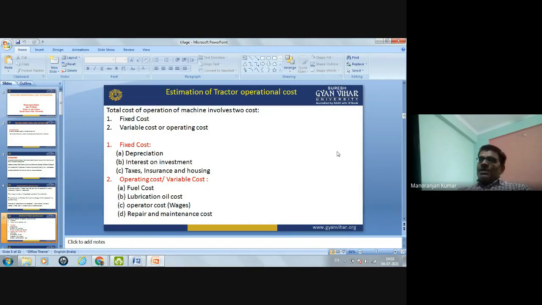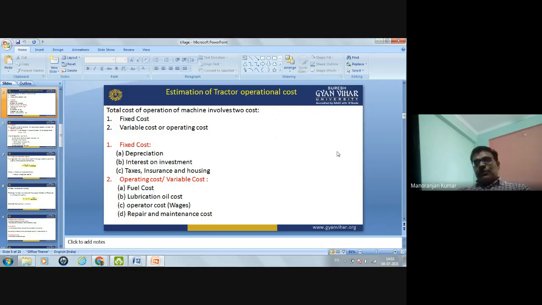Whereas in the operating cost or variable cost, we will calculate the fuel cost, lubrication oil cost, operator cost like wages, and repair and maintenance cost. And if we add these two costs, fixed cost and operating cost, then it will give the total cost of operation of the machine.